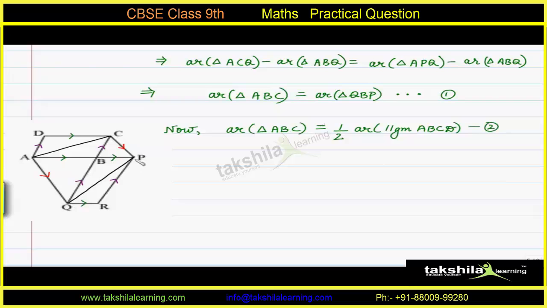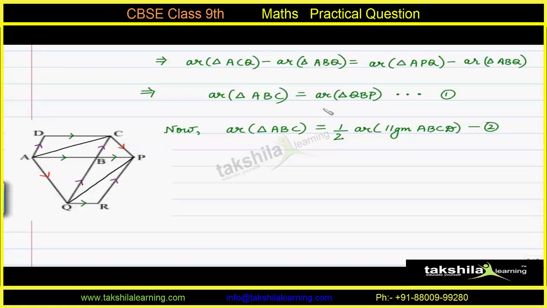Similarly, PQ here is the diagonal of parallelogram PBQR, and this diagonal will also divide the parallelogram into two triangles of equal area.